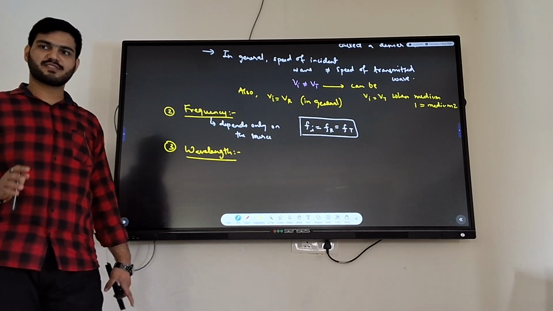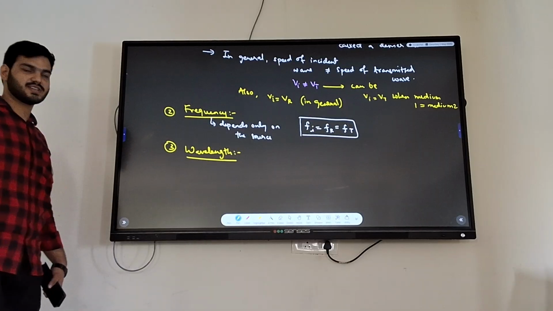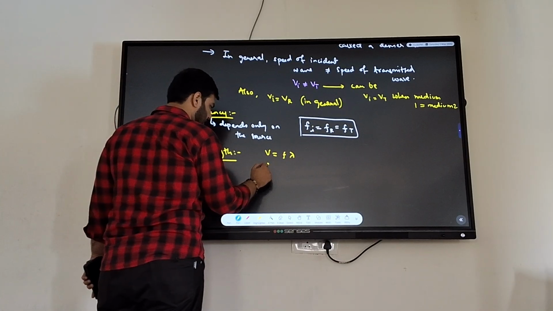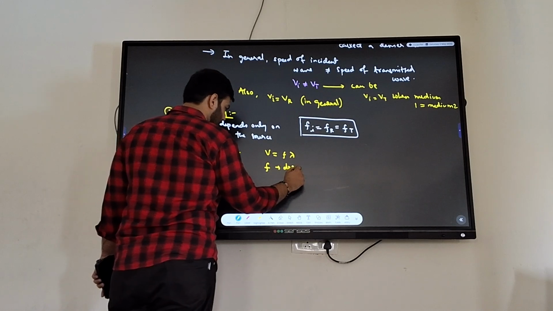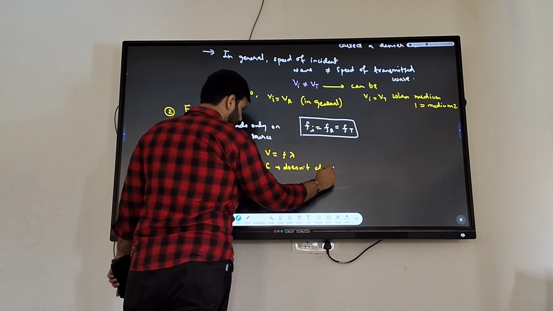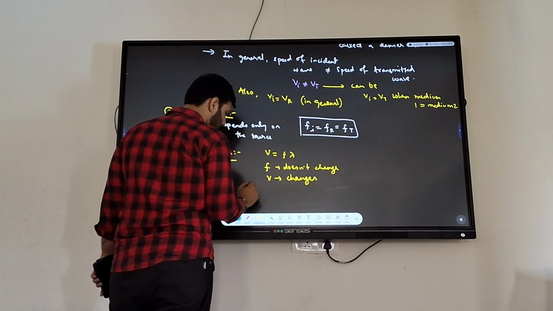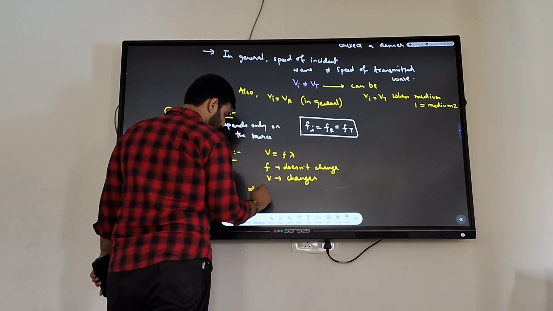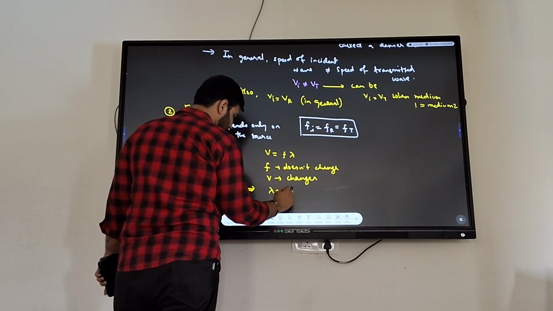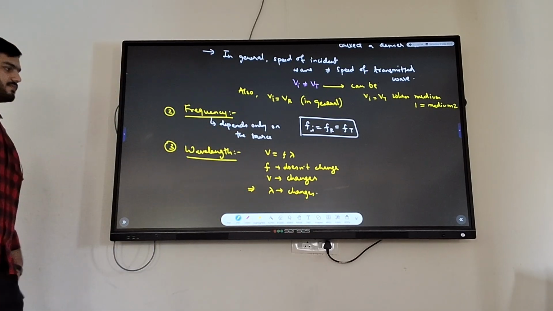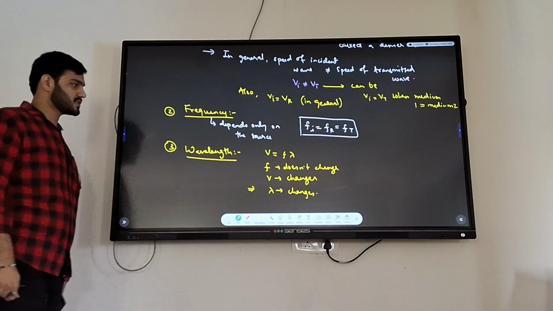That means lambda has to change. The RHS has to change. So V equal to F lambda, F doesn't change, V changes, that implies lambda has to change.